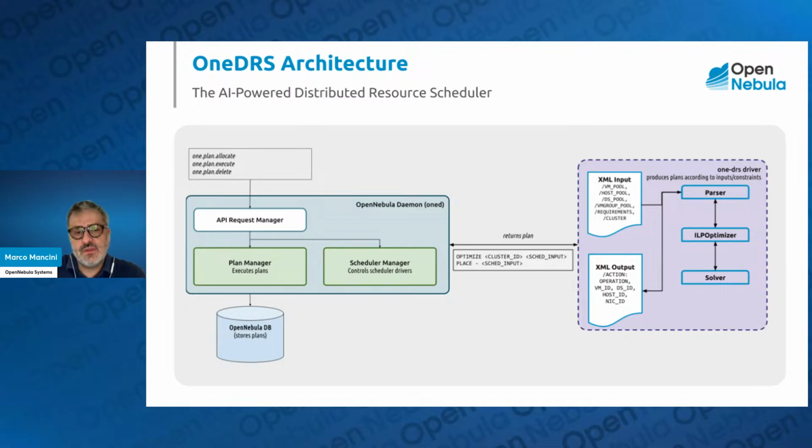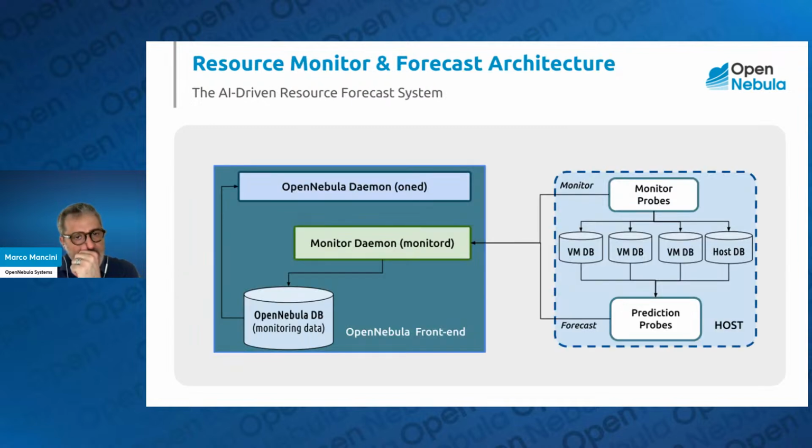I will now describe a bit about how we have enhanced the monitoring system of OpenNebula and how we have introduced this prediction. What we have done is modify the monitoring probes in OpenNebula in order to write information locally in the host.